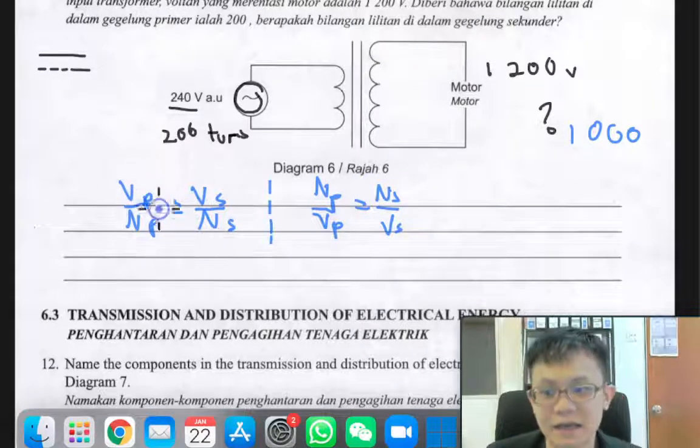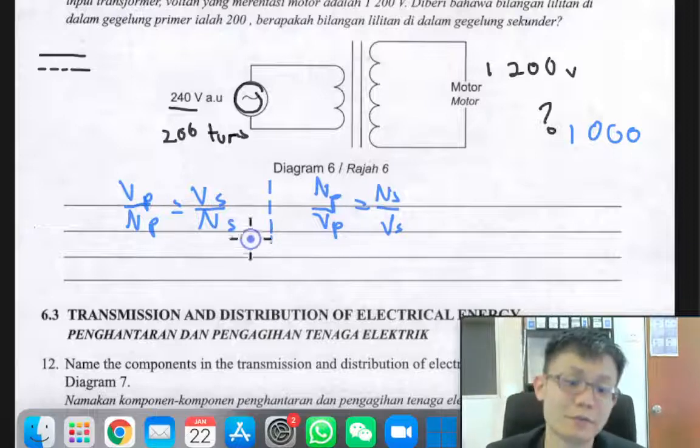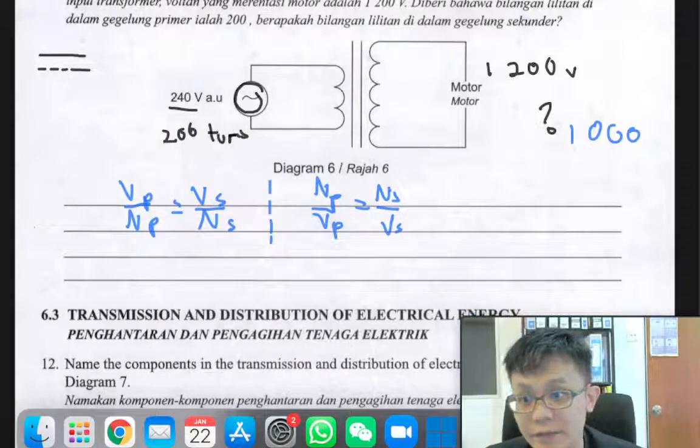If you know mathematics, 2 divided by 1 equals 2 divided by 1, 1 divided by 2 equals 1 divided by 2. So it's up to you, but if you write the formula, then it's better.